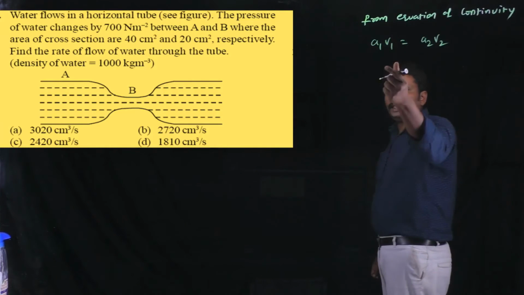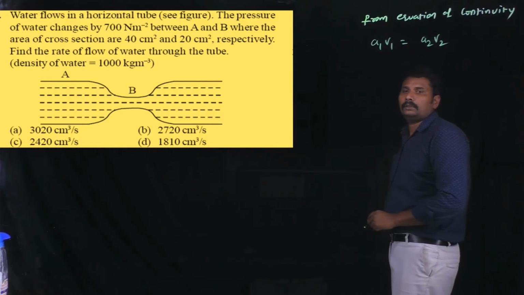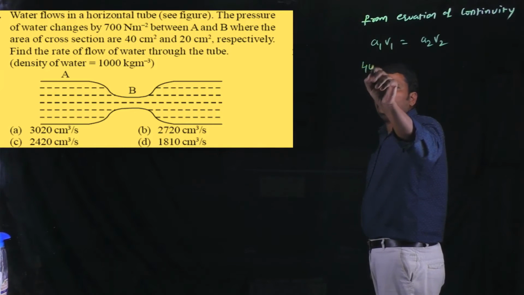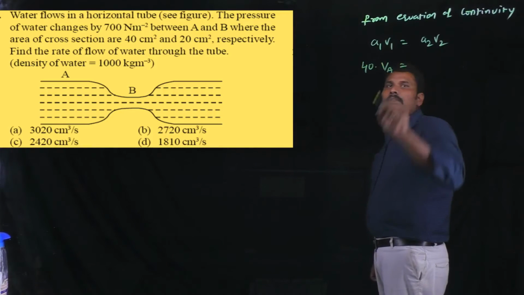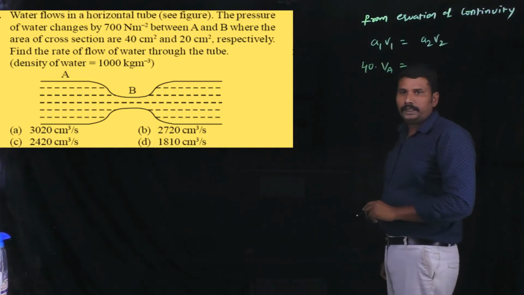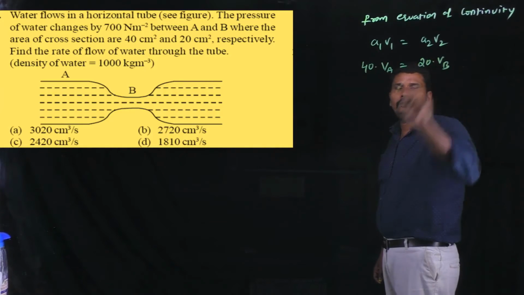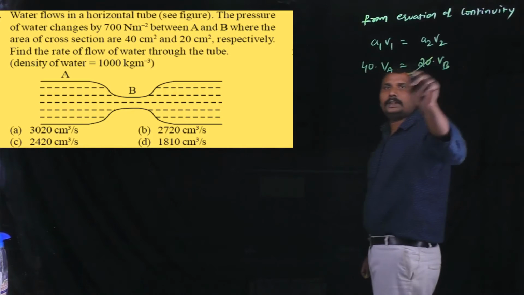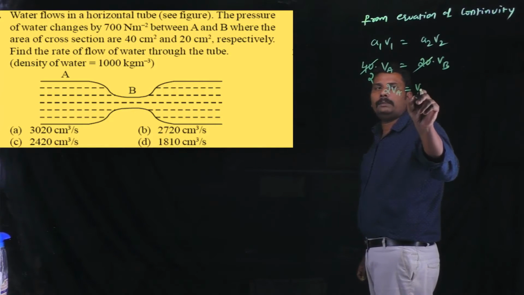Here 1 is at end A and 2 is at end B. At A the area of cross section is 40, at which the velocity is VA. At B the area of cross section is 20 and the velocity of the fluid flowing through the pipe is VB. From this, 2 VA is equal to VB.